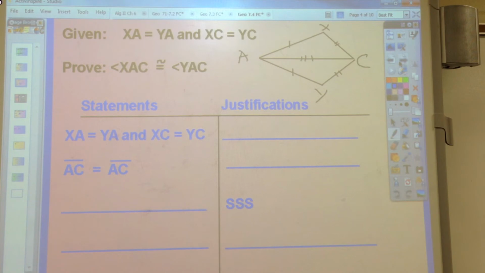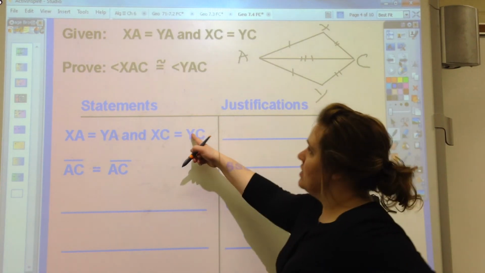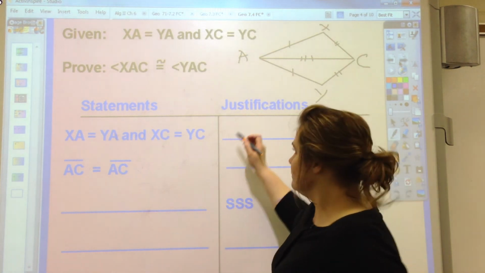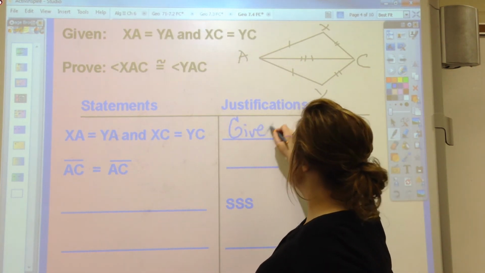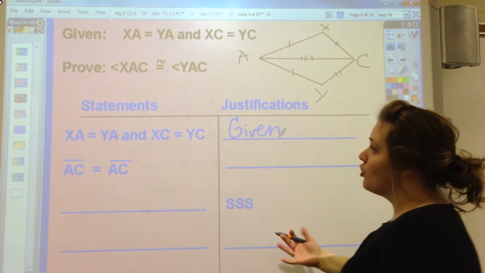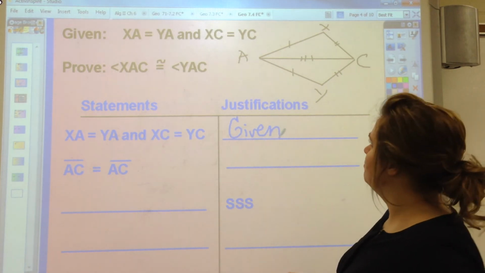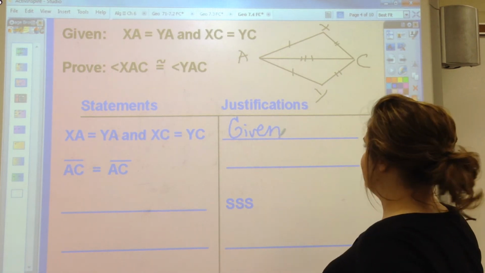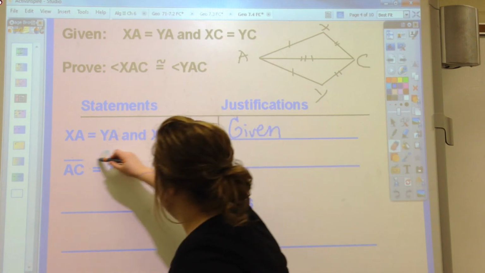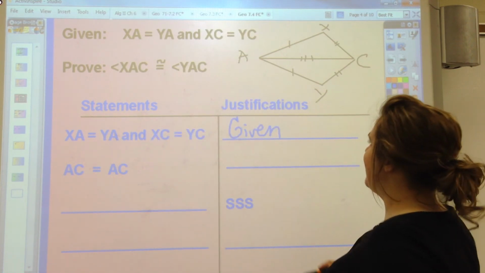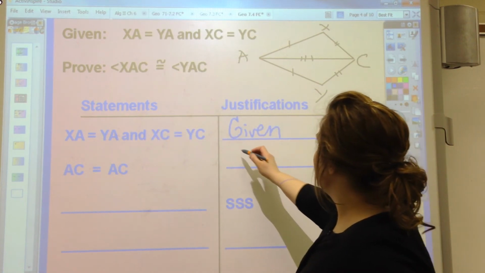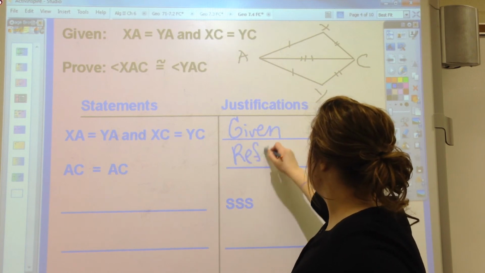Go ahead and put me on pause. All right, now that you're back, what is the justification for this first one? Hopefully you wrote given. AC being congruent to itself, or sorry, the measures equaling itself. There we go. Why do we know that? Because of the reflexive property.